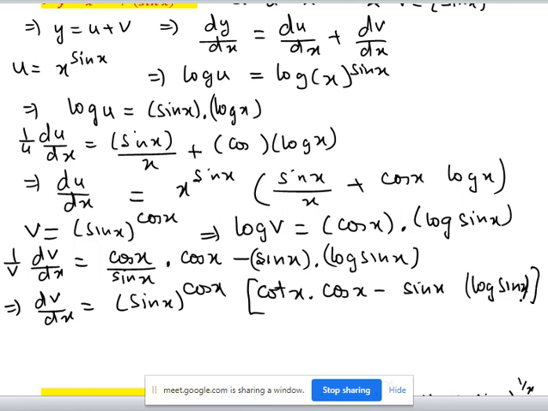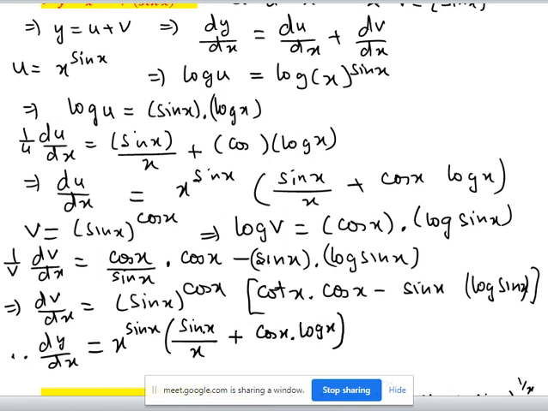Okay, now get dy over dx. So therefore dy over dx will be the sum of both. So du over dx, we saw, was x to the power sin x, and then the term getting multiplied with it, sin x over x. Even here there is scope for taking the LCM. When x is the common denominator, you can solve these two together also. Or keep it as it is, plus cos x into log x.